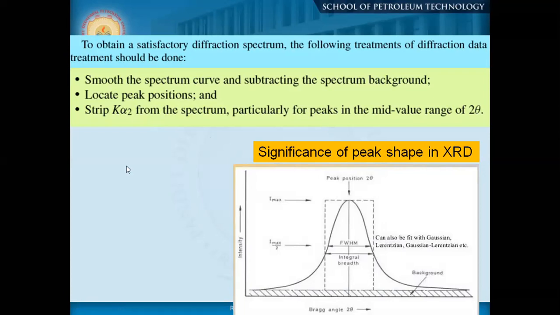And strip K alpha 2 from the specimen, particularly for peaks at mid values. That means you need to take care which type of X-ray source you are using for your instrument.